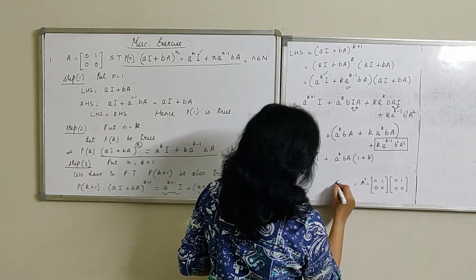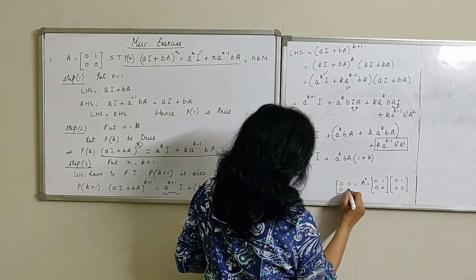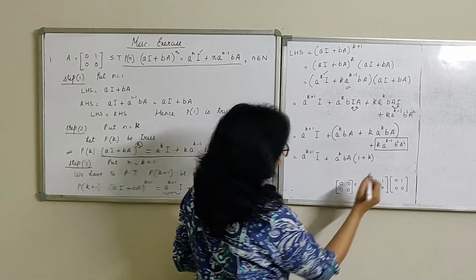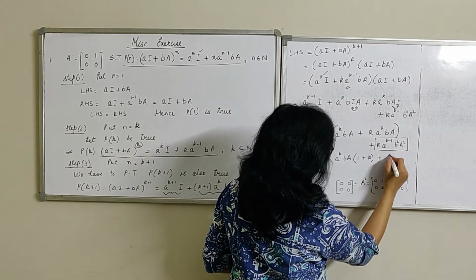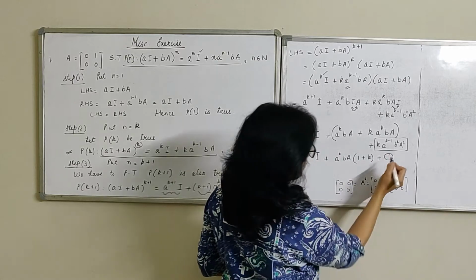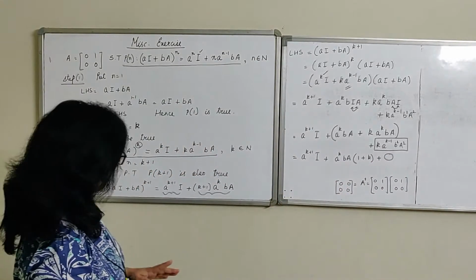So when you find out A square, you will see that this is a 0 matrix, and a 0 matrix multiplied by anything gives us a 0 matrix. This is not 0, this is 0 matrix. So finally we have obtained the result.